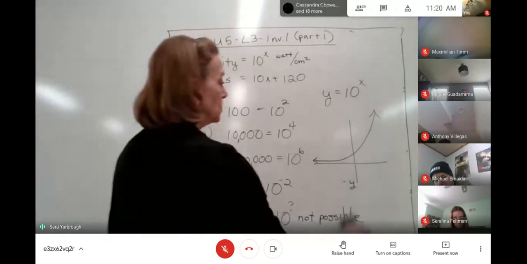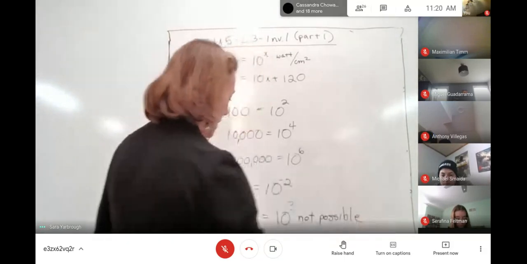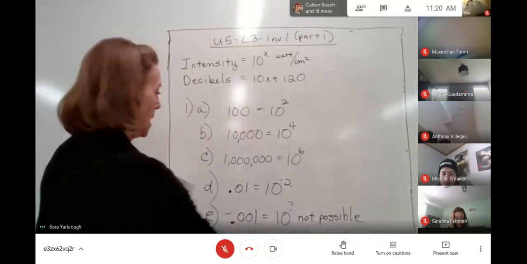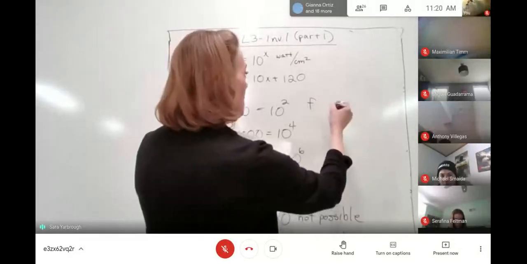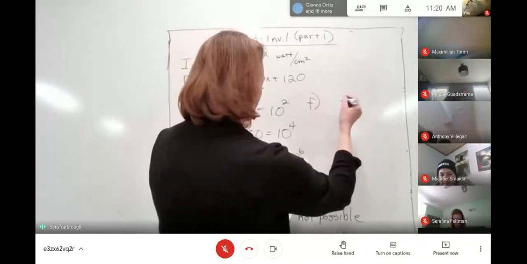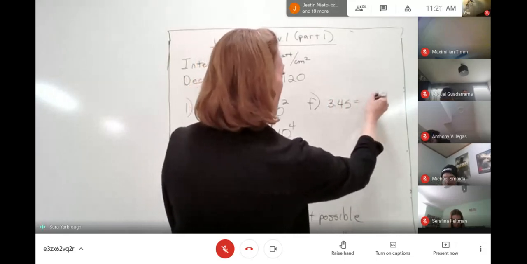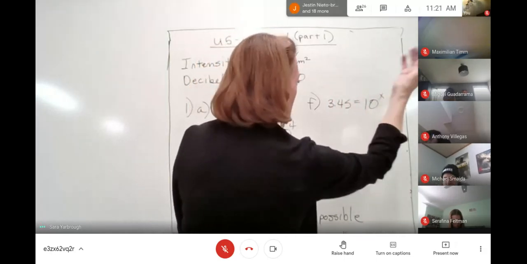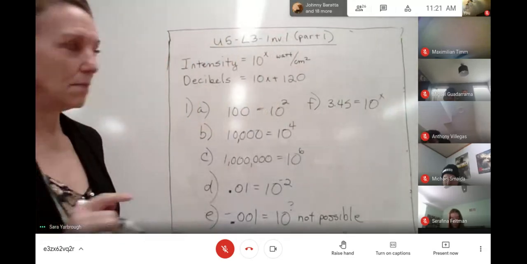Okay, now let's do a different type of problem. I'll come up here on F. Now, what we're trying to find is 3.45 equals 10 to some power. Okay, now let's think about this logically.